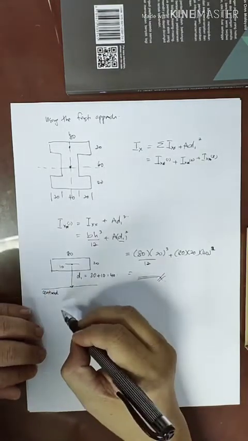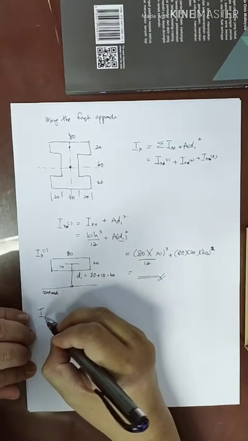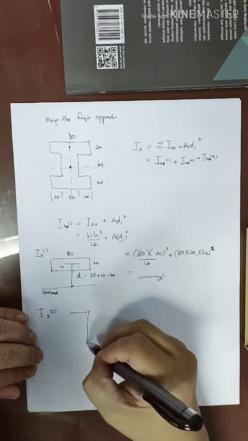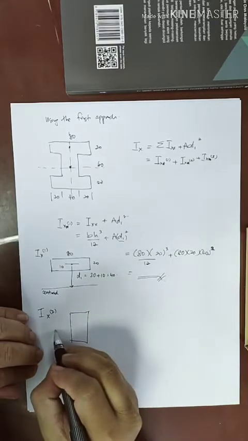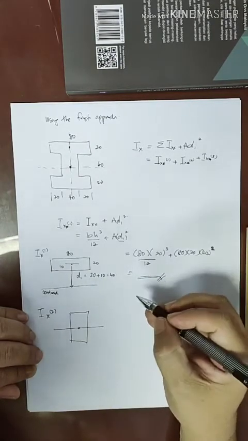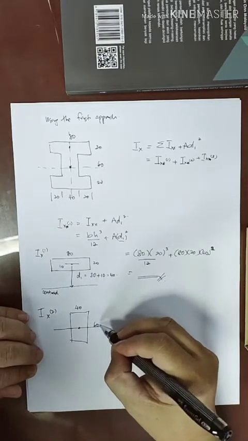For Ix2, this represents the center part. So this is 40, this is 60.